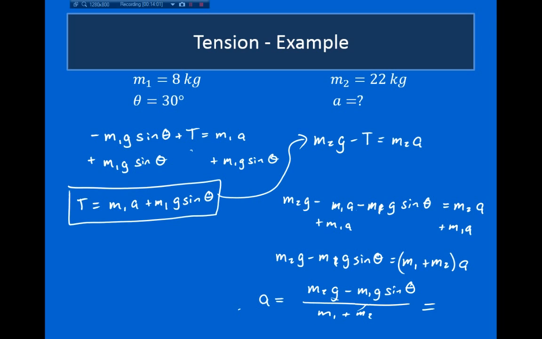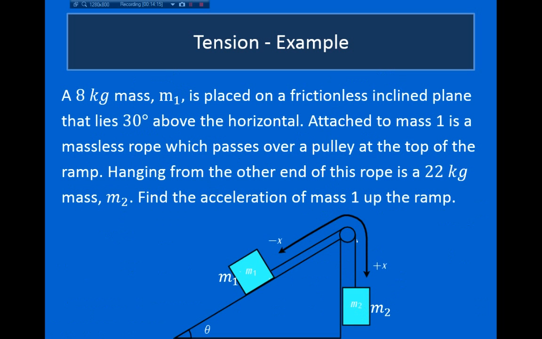So looking at my cheat sheet, if I plug all these numbers into a calculator, what I should get is 5.88 meters per second squared. So that's the acceleration of this box here going up the ramp, and the acceleration of this box falling down.